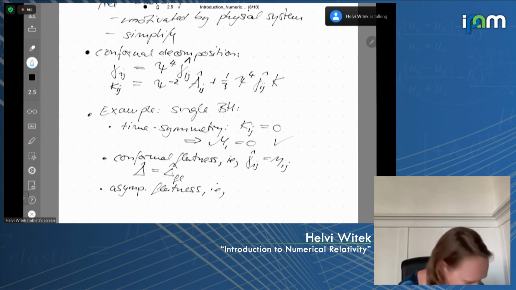Yeah, so that is, we have that our conformal factor goes to 1 as we reach spatial infinity.